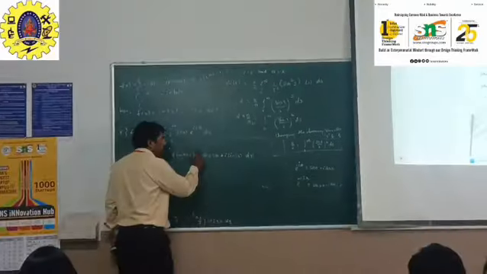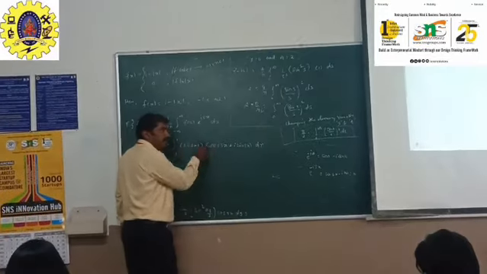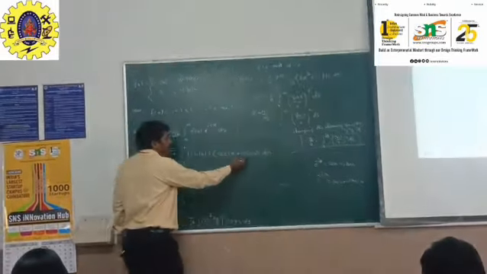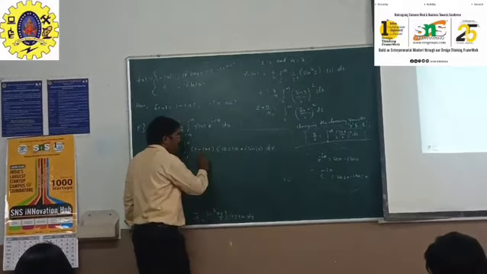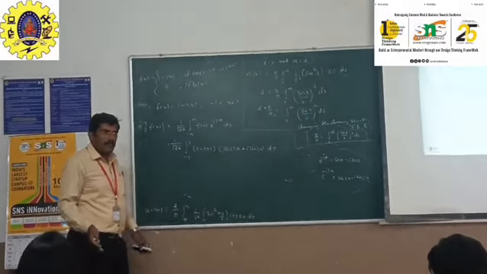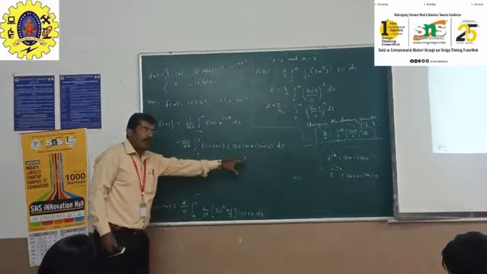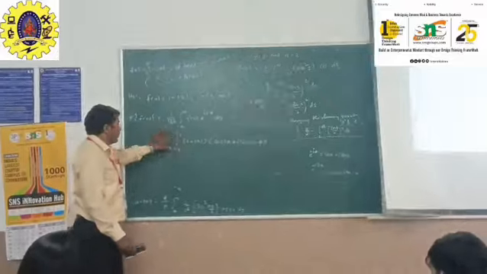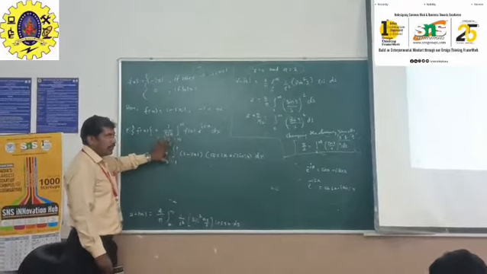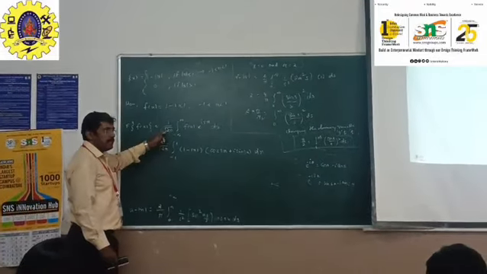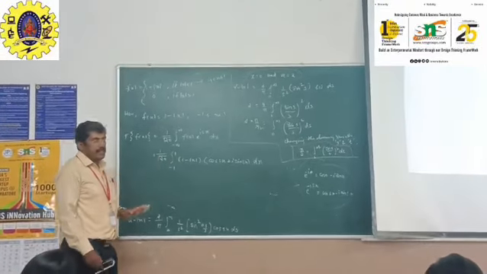So here cos sx is even, and even into even is even. But sin is an odd function, so even into odd becomes an odd function. So we just omit this because minus 1 to plus 1 of an odd function is 0. It may be anything, minus a to plus a, minus 2 to plus 2, whatever the limit. But if it is minus a to plus a format, the odd function integration is 0.